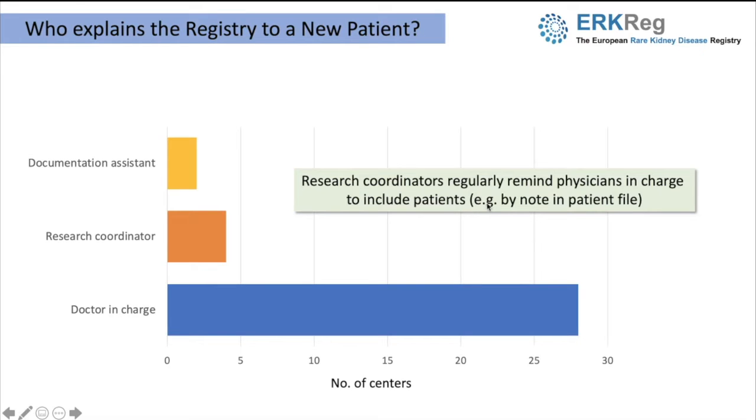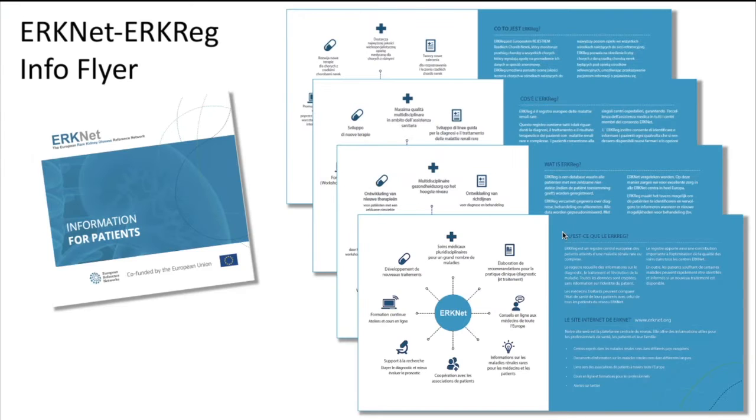And usually, or many times, they even leave a note in the electronic patient file for the doctor to notify him that this patient has not yet been asked to get enrolled in ERKReg. So that's what we have implemented in most sites.